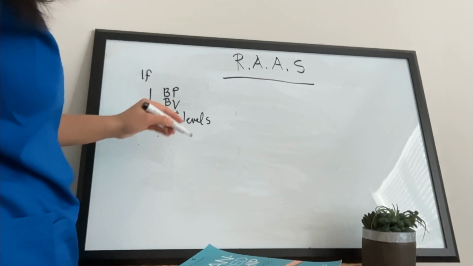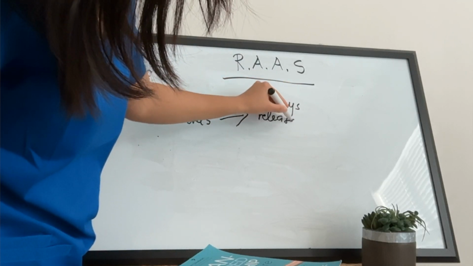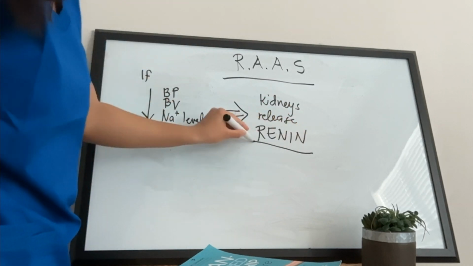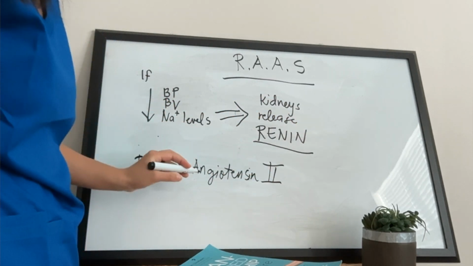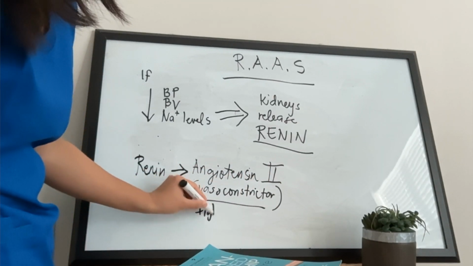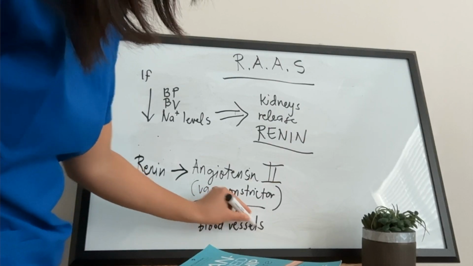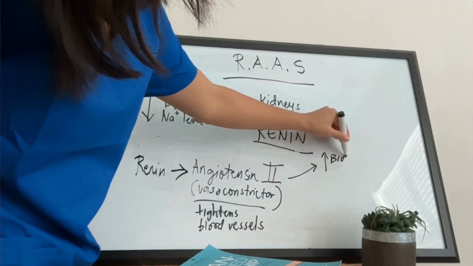Special cells in the kidney release renin, which starts a hormone domino effect. So, firstly, renin ultimately leads to the production of angiotensin II, which is a powerful vasoconstrictor. Okay, so that means it tightens blood vessels. And when that happens, blood pressure increases.